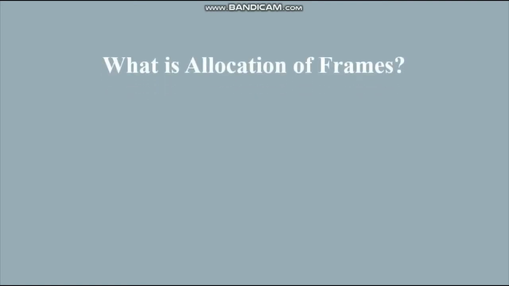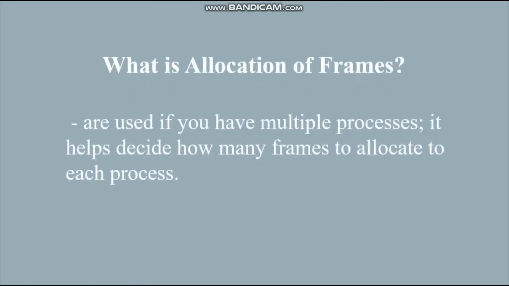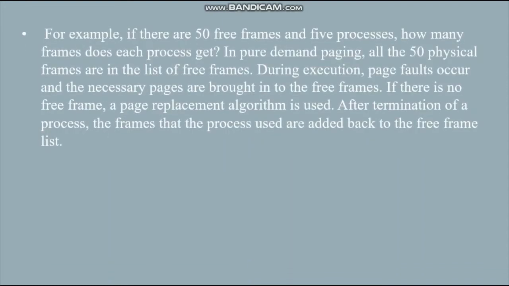We turn next to the issue of allocation, which is allocation of frames. So what is allocation of frames? Allocation of frames is used if you have multiple processes. It helps decide how many frames to allocate to each process. For example, if there are 50 free frames and 5 processes, how many frames does each process get?